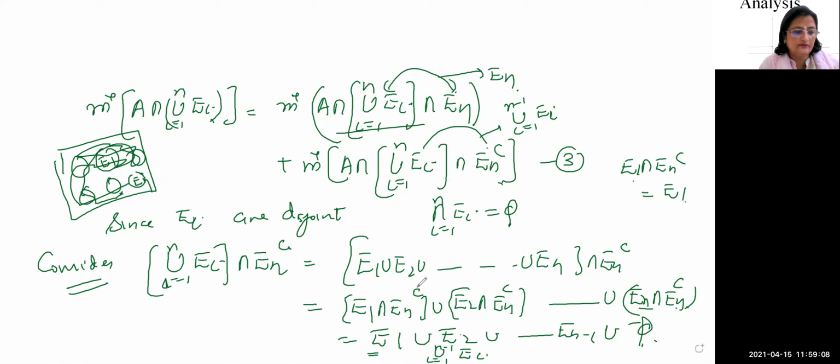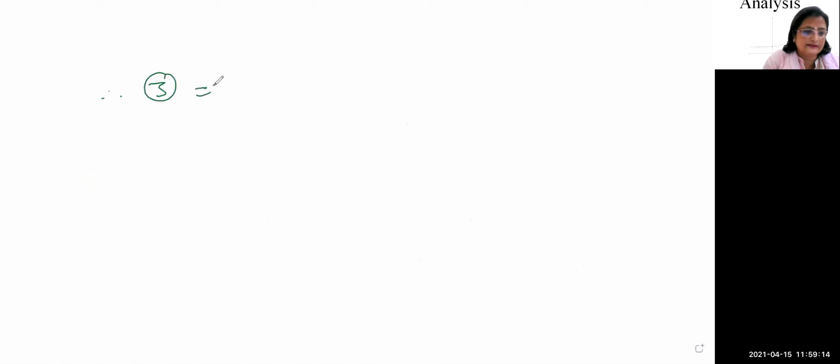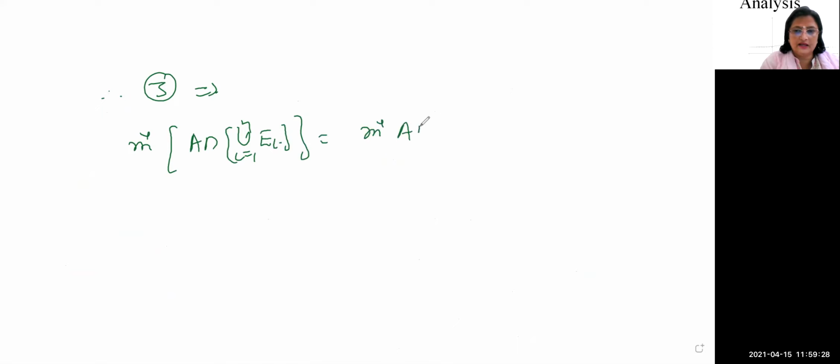Now we will put all these values in number 3. Therefore 3 implies m star of A intersection union i running from 1 to n of Ei is equal to, first becomes A intersection En, and the second becomes A intersection union i running from 1 to n minus 1 of Ei.